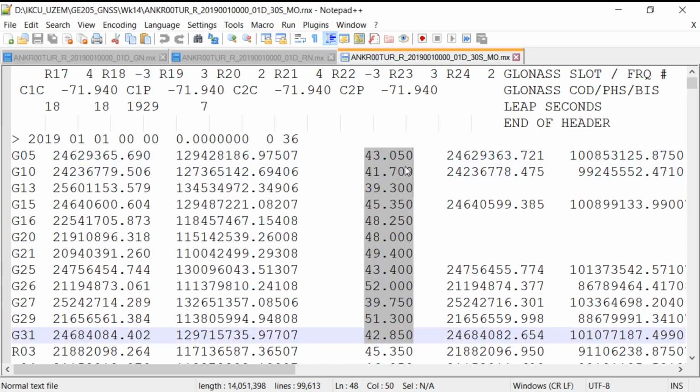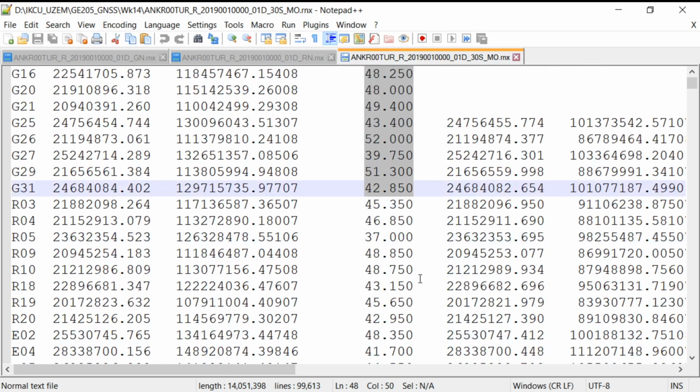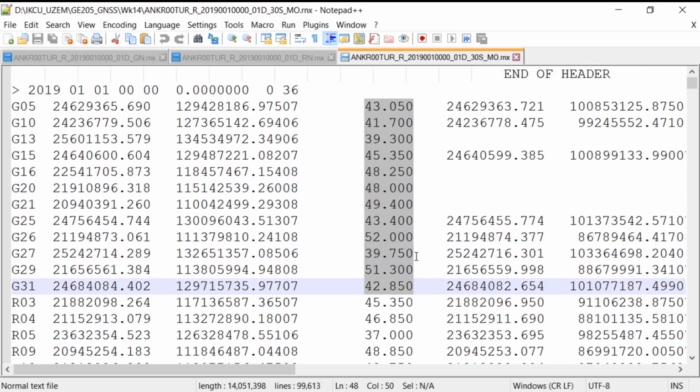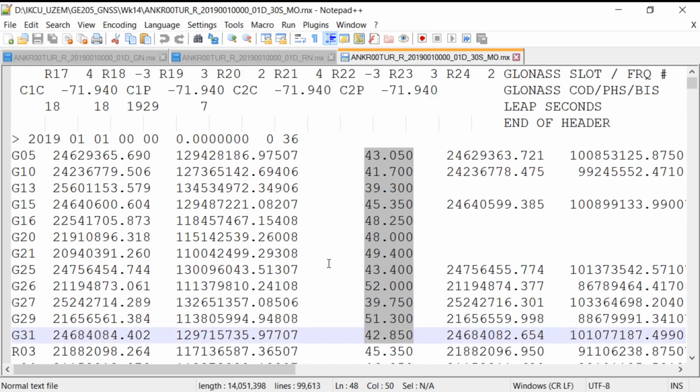Further description will be omitted here, but the best number here, or the lowest good number, would be around 38. So beginning from 38 up to 50, 52, 55, for example. This means the observations are quality observations, and values lower than 30 or 38 mean that we have some problematic issues.